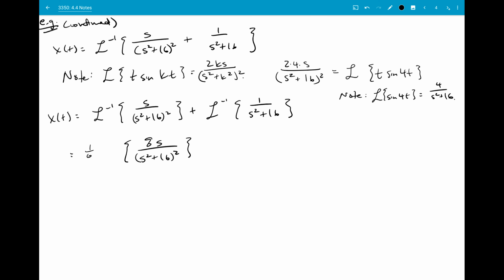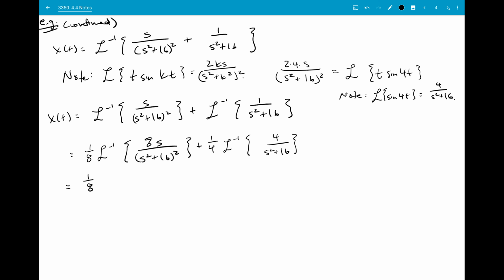Forgot my L inverse. And then this one I want to look like 4 over s squared plus 16, because I know that's the Laplace transform of sine 4t, so I divide by a 4 to balance it out. From here I can take my inverse Laplace transforms because I know what they are.